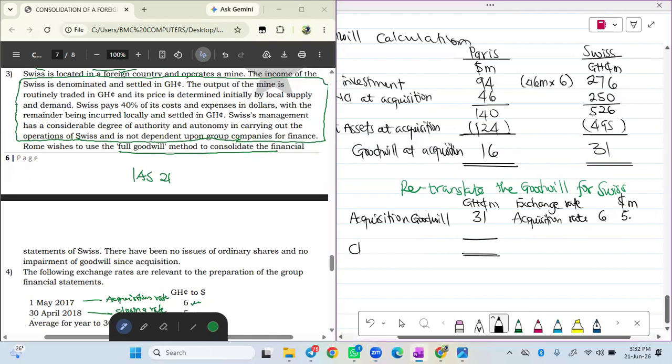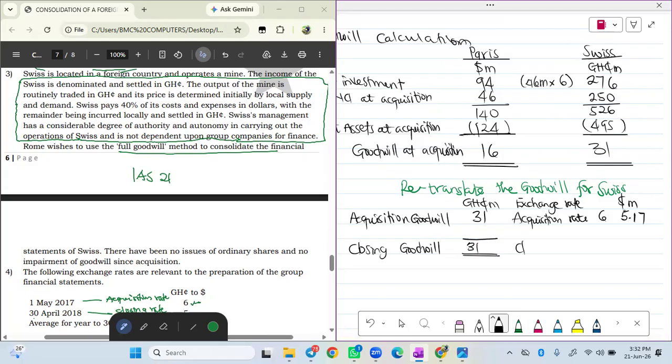So from 31 to 5.16. Do you have any other figure behind? 666. 1.1666. Yeah. So 2 decimal places will be 17. All right. You have closing goodwill. The closing goodwill is the same as opening goodwill or acquisition goodwill because there was no impairment.